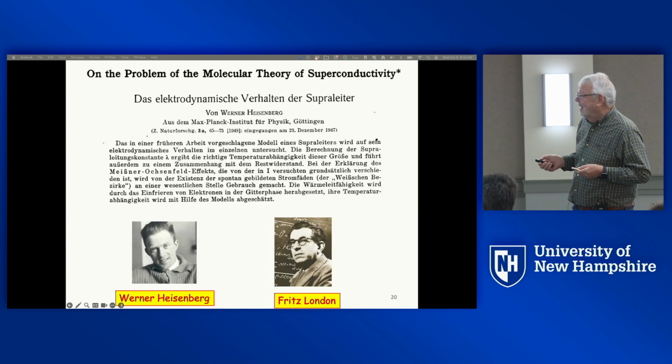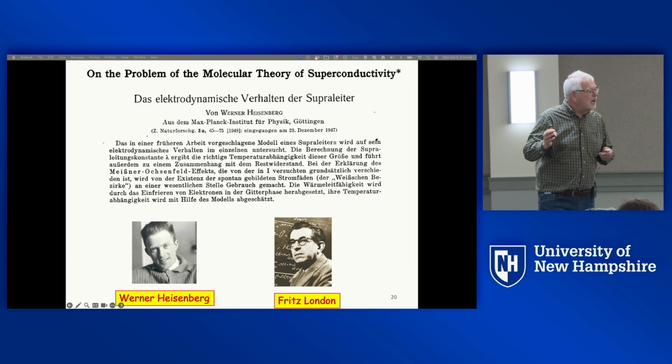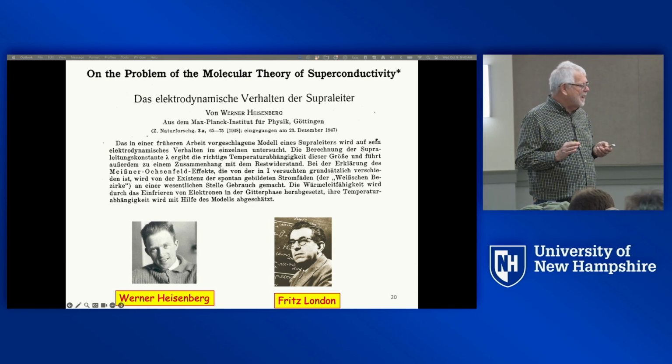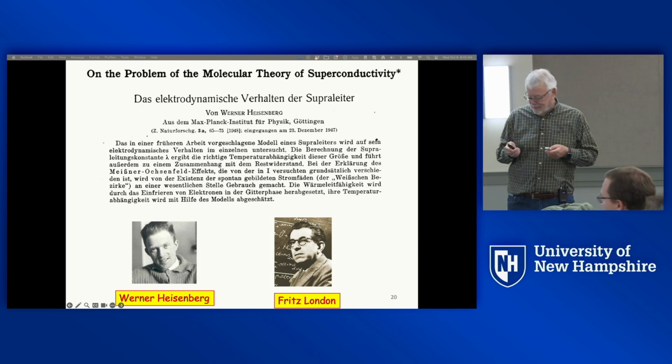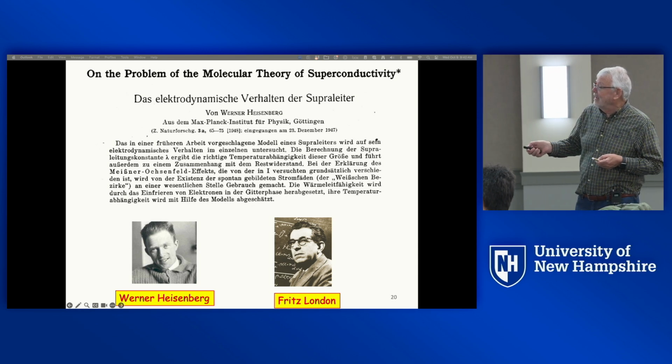There's a point about valley I want to make, and I realized at some point that it was first made a long, long time ago in an incorrect theory of superconductivity by these famous men.